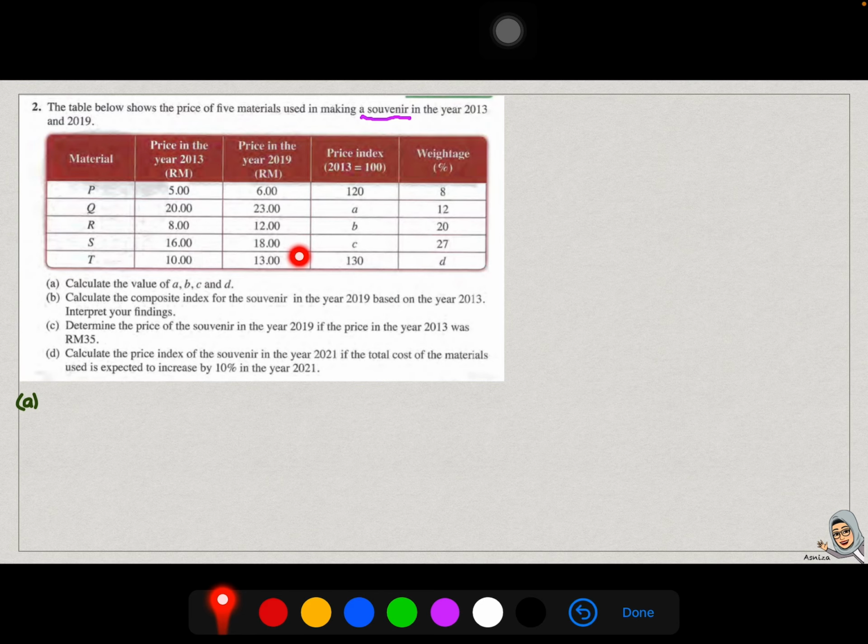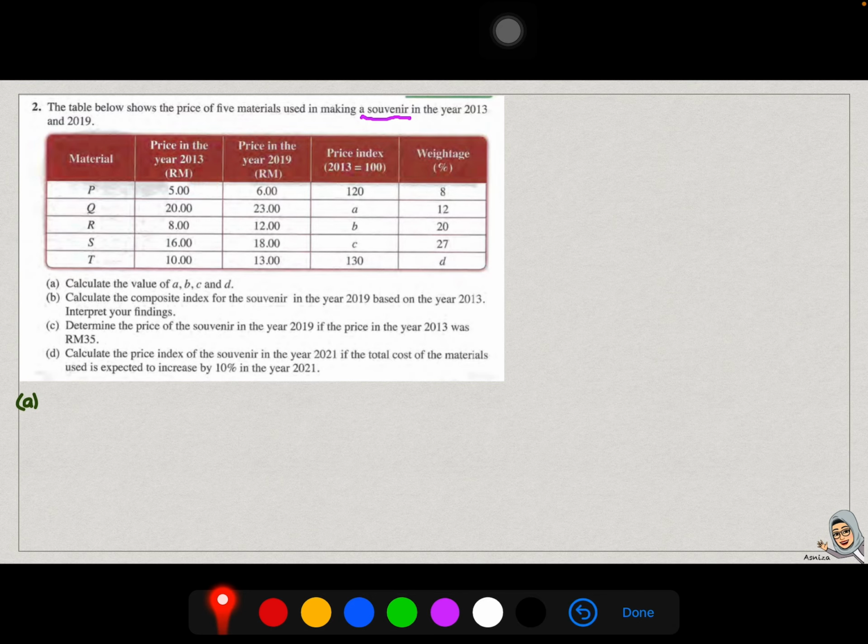In the third column, we have the price for each material in the year 2019. The fourth column shows the price index, with 2013 as the base. In brackets, 2013 equal to 100 means 2013 is the base year.